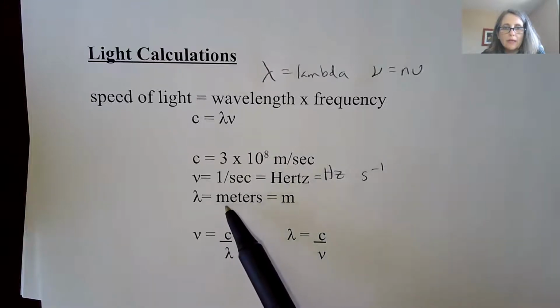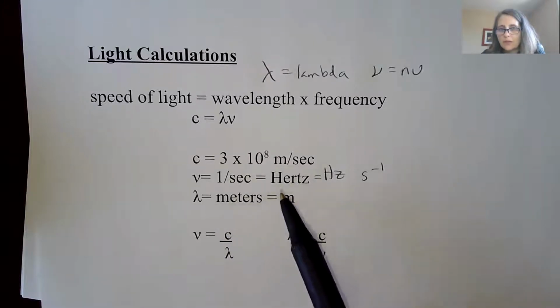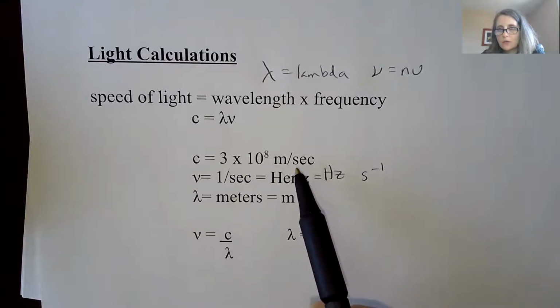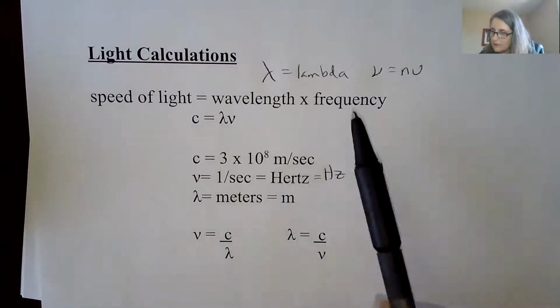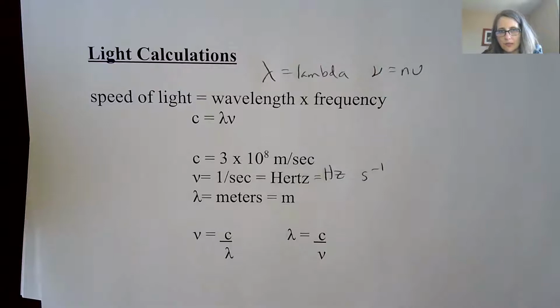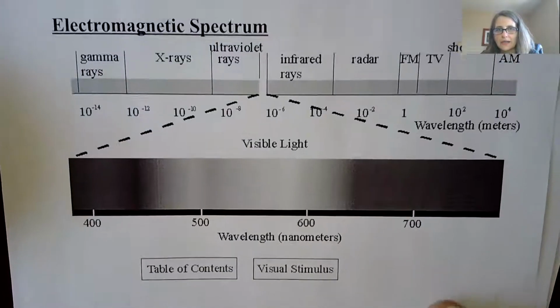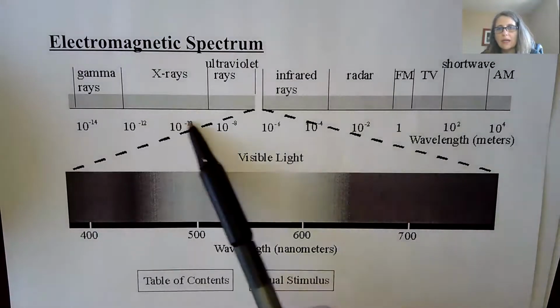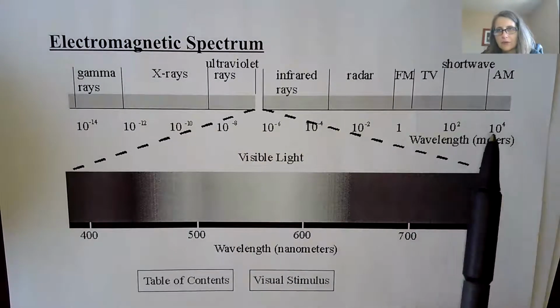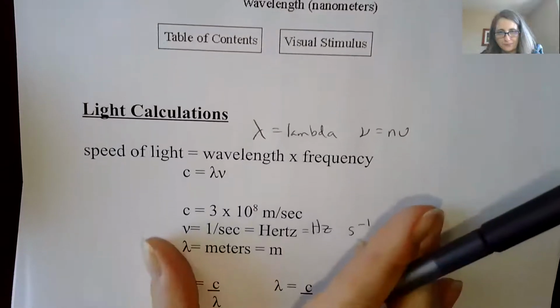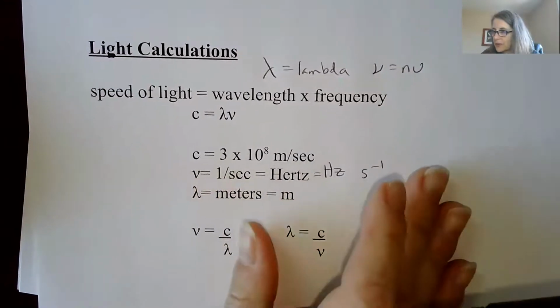Wavelength is going to be in meters for this calculation, so when you multiply these two, you get meters over seconds. Wavelength and frequency have what we call an inverse relationship. Going back to the electromagnetic spectrum, as I increase the wavelength, frequency gets smaller. So this is an inverse relationship.